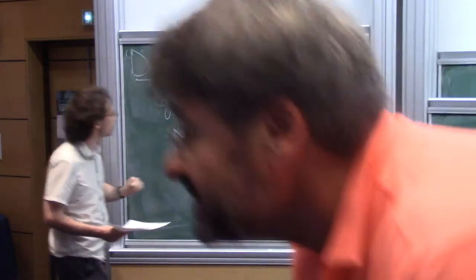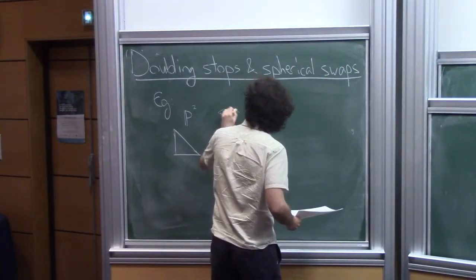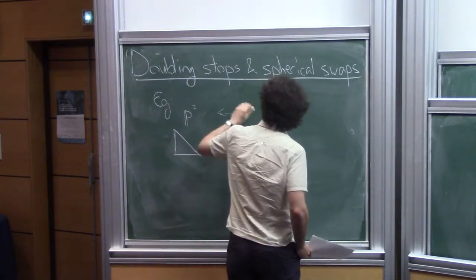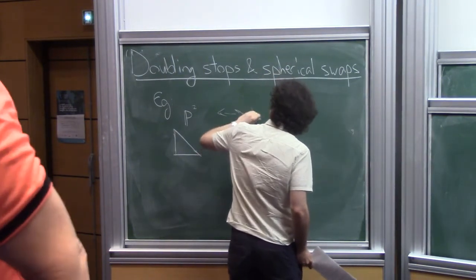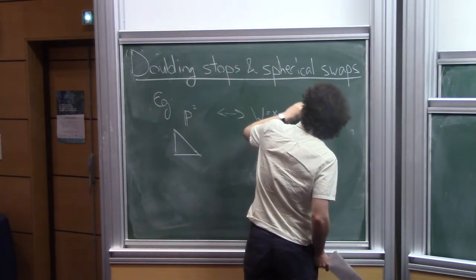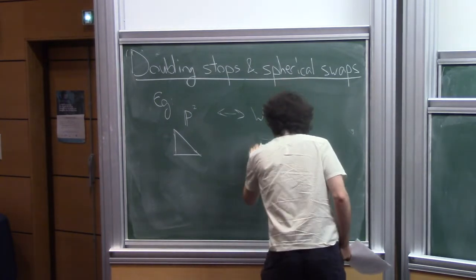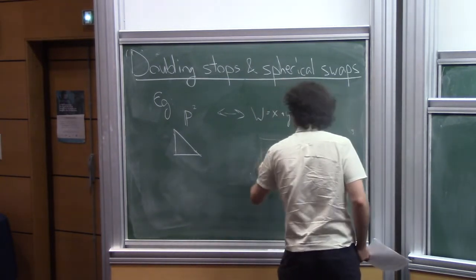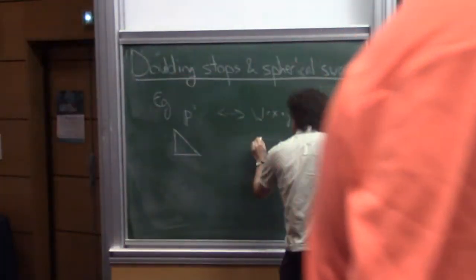Here's P2, and that's going to be mirror, as we know, to W equals x plus y plus 1 over xy, or we can also draw this in this way.